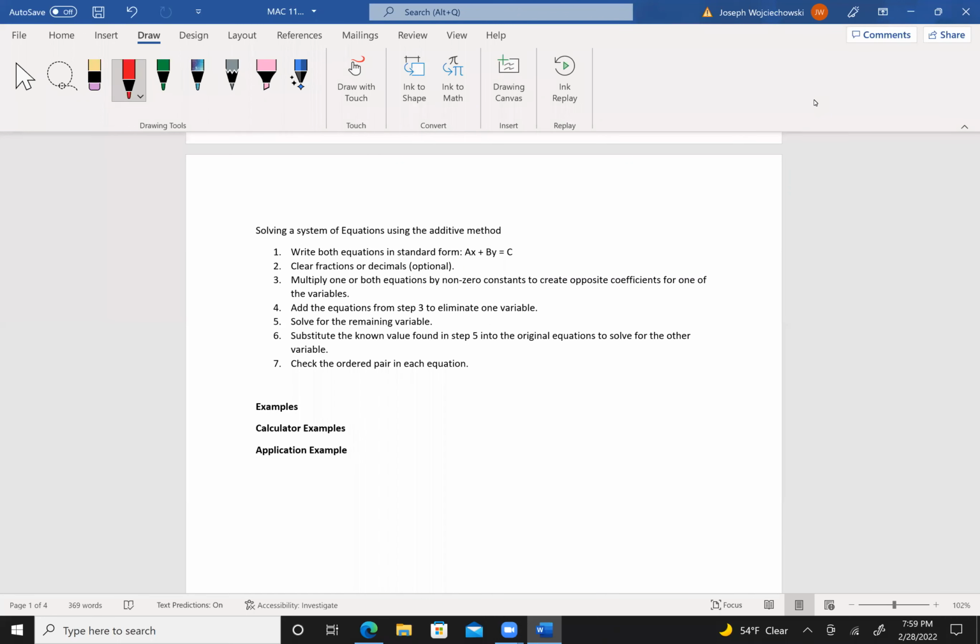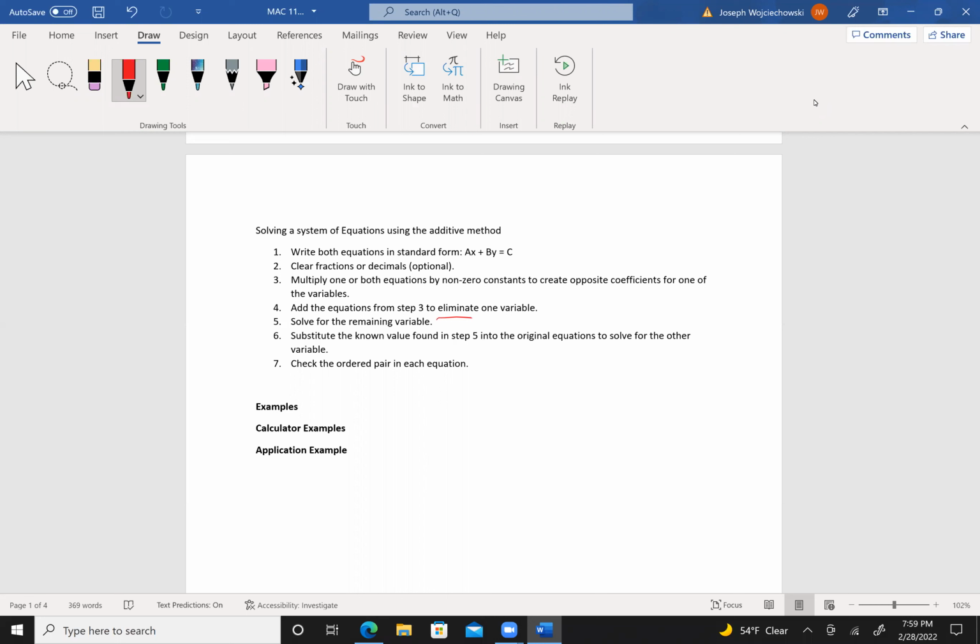Multiply one or both equations by non-zero constants to create opposite coefficients for one of the variables. Add the equations from step 3 to eliminate one variable, thus elimination method. Solve for the remaining variable, substitute the known value found in step 5 into the original equations to solve for the other variable and check your ordered pair.